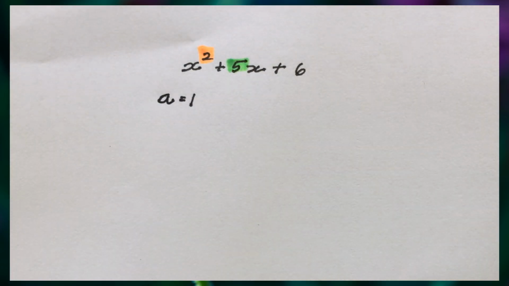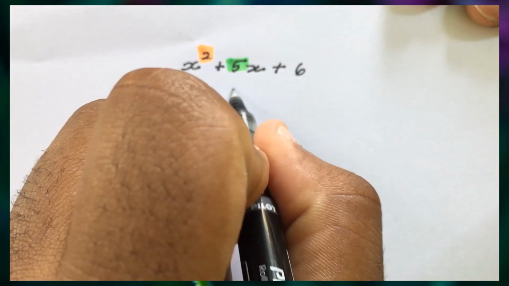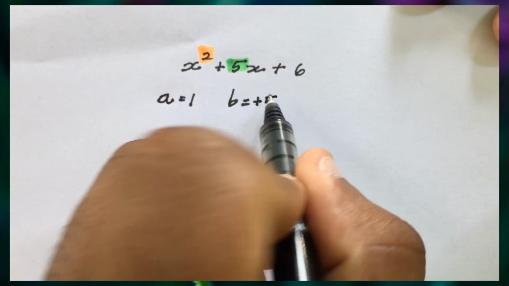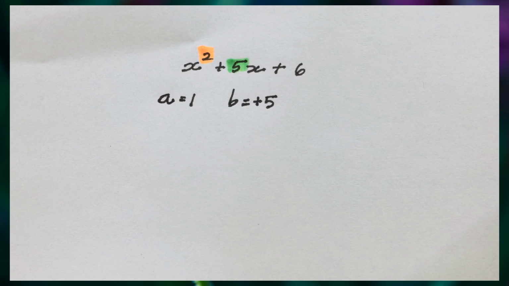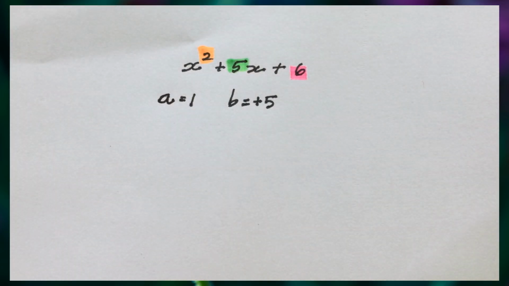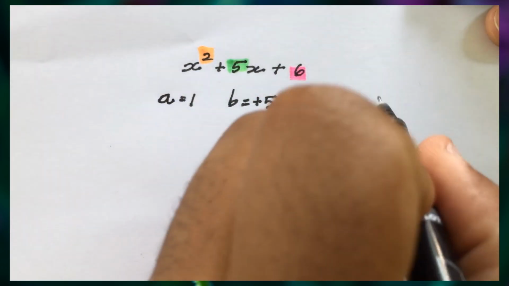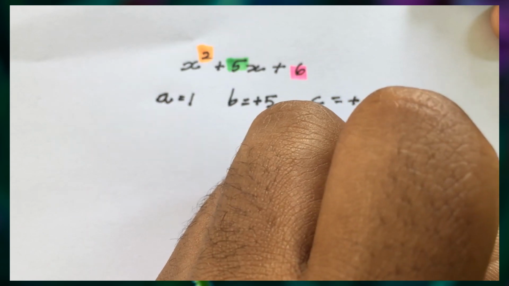Notice that it only has an x. So the B value is going to be the number that's attached to just the x term, which is just a positive 5. And I don't know if you know, but the C value is what is left, and this 6 is what is left. So our C value is going to be a positive 6. So C is equal to a positive 6.